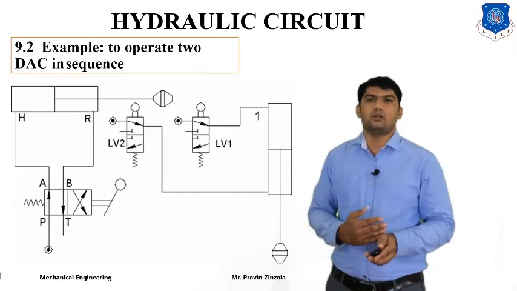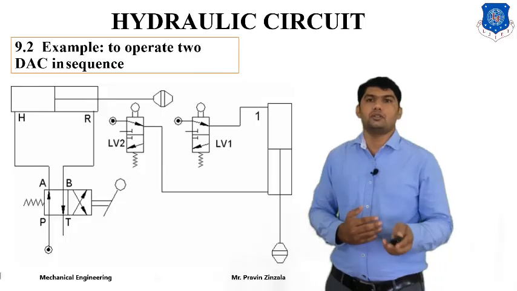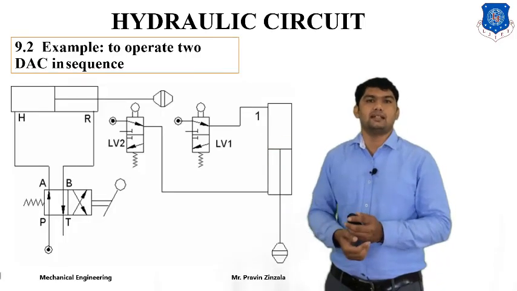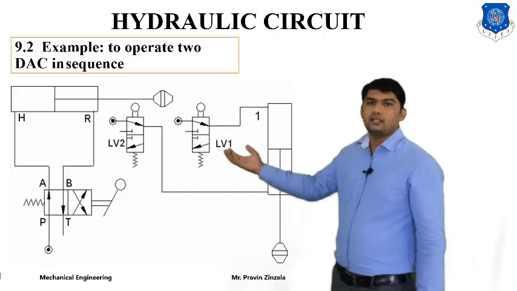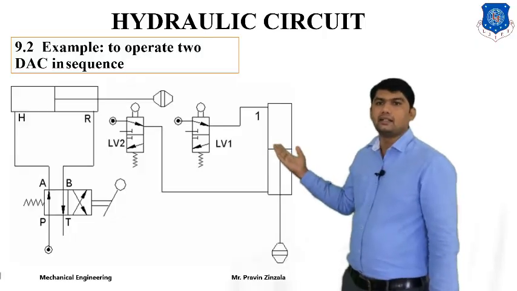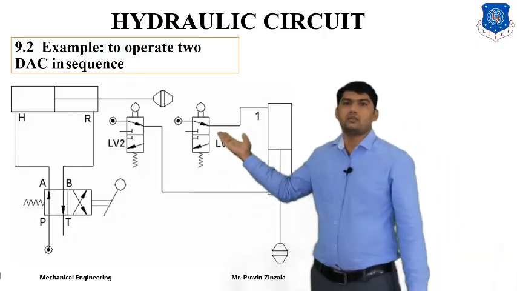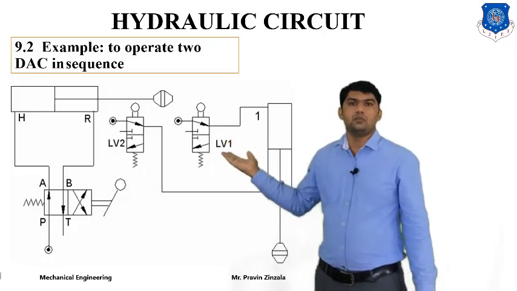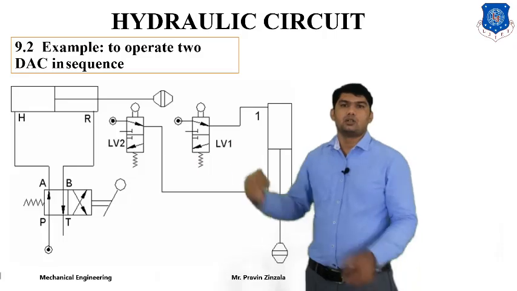The second example of a limiting valve for continuous operation is to operate two double acting cylinders in sequence. Here are the two double acting cylinders, 1 and 2. This is the 4/2 direction control valve, and here are two 5/2 direction control valves, means limiting valve 1 and limiting valve 2.